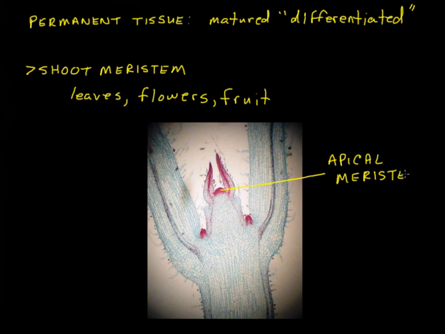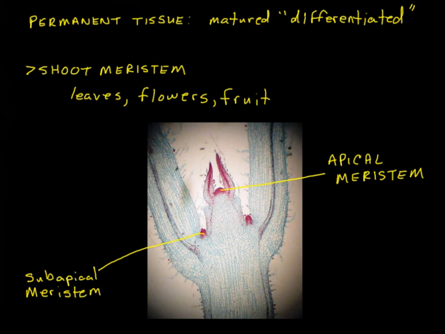We call it the apical meristem because it is at the tip of the shoot. This is the outermost meristem or growth region on this shoot. We say apex of a mountain is the peak of the mountain. Well, the peak of the shoots is called the apical meristem. And down here you'll see what are referred to as subapical meristems.